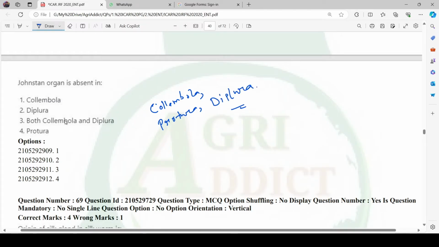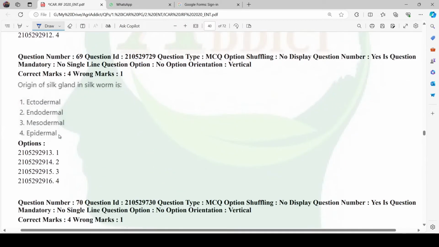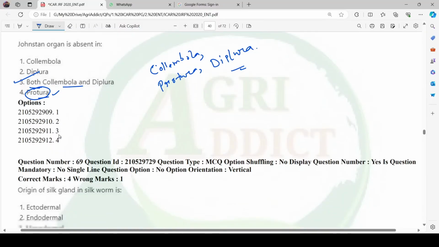But here the options are both Collembola and Diplura, then Protura is there. In the answer key it is option 3, but Protura is also a correct answer for that, it doesn't have Johnston's organ, okay? So it is a mistake in the answer key. It is a mistake in the question itself.